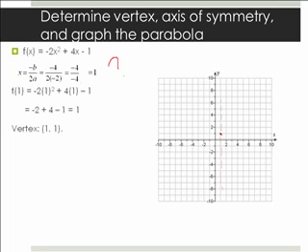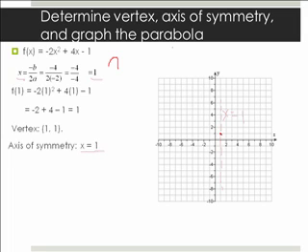The equation for the axis of symmetry is x equals 1. Let me put that up here. Axis of symmetry, x is equal to 1.